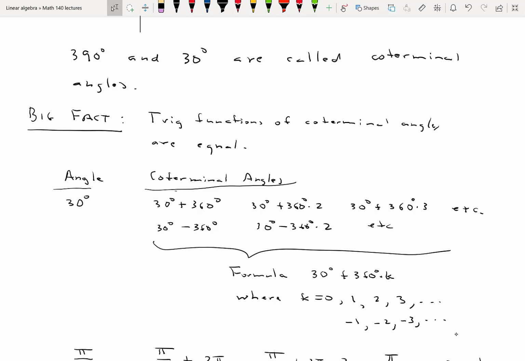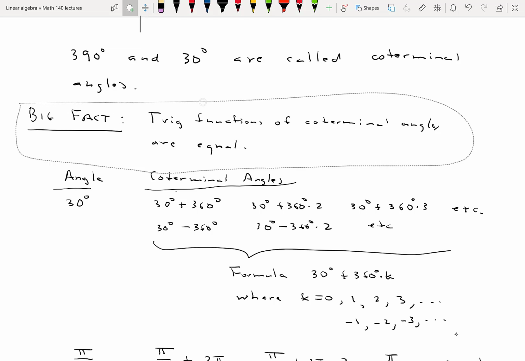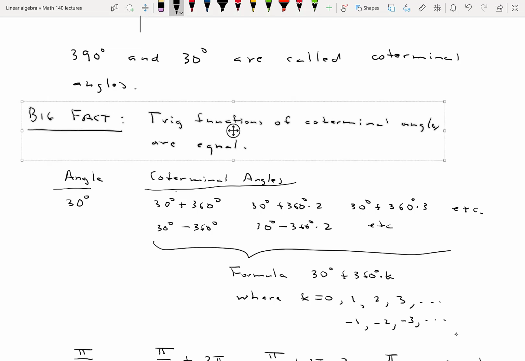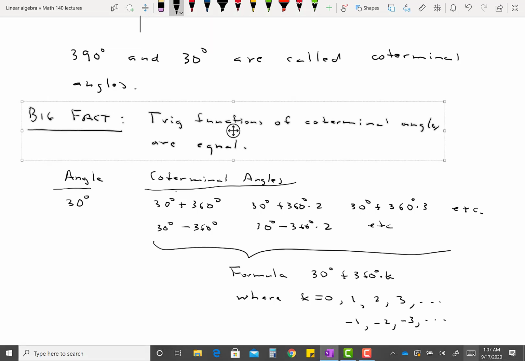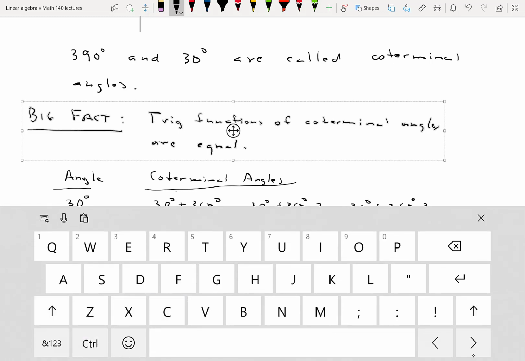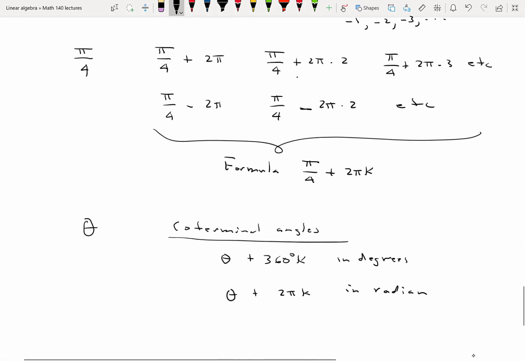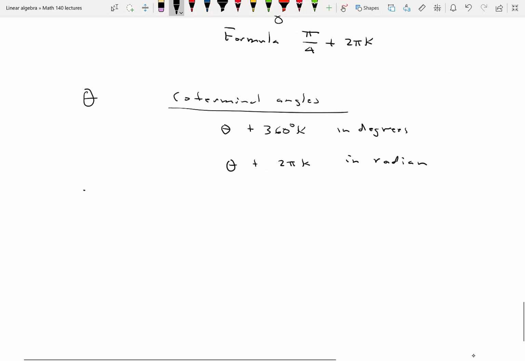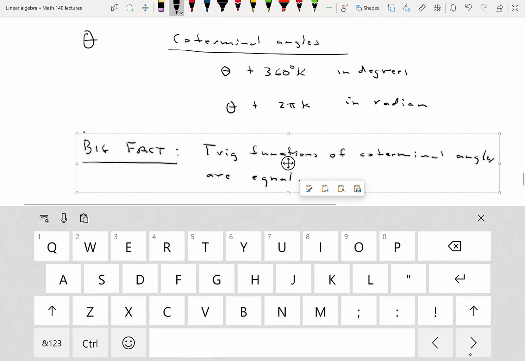Now let's return to our mysterious big fact that somehow is supposed to be hiding 12 formulas. I'm going to restate that again. I want to move that idea down. Okay, so all I did is I cut it and pasted it back down here.